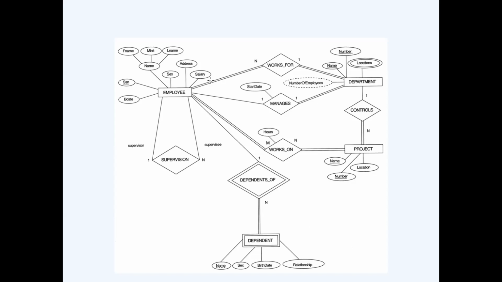Right. Now I want to explain a bit more about different types of attributes. If you have just an ellipse like this, these are known as simple attributes. Social security number is a simple attribute. Birth date, simple attribute. Salary, simple attribute. Then we have compound attributes. Compound means, for example, name is a compound attribute, which means name consists of different parts: first name, last name.